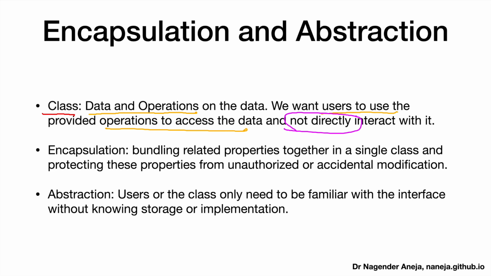Next, what is encapsulation here? Encapsulation is building the related properties together in a single class and protecting these properties from unauthorized or accidental modification. So now you have a property which is the name, which is the age, which is the height, and you have protected those properties from accidental modification because you have an operation there that does that, and that cannot be directly changed.